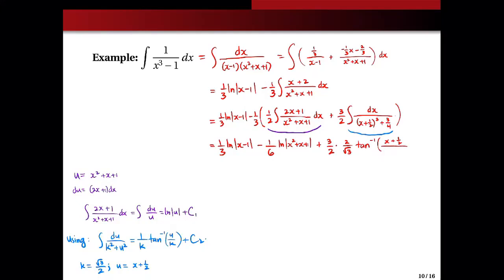So let me enlarge this parenthesis here. This is square root of 3 over 2. And then you have plus c. And this is the final answer.